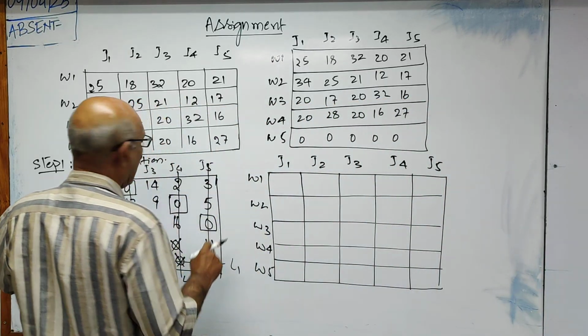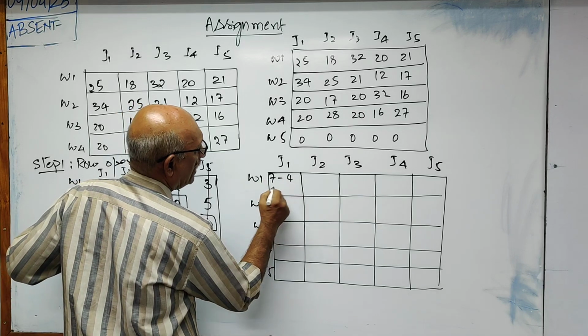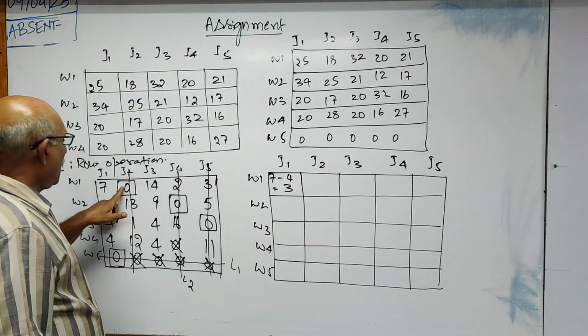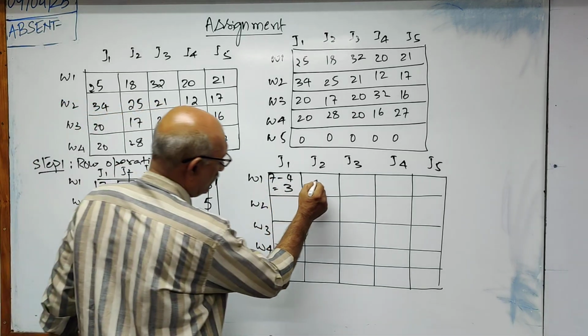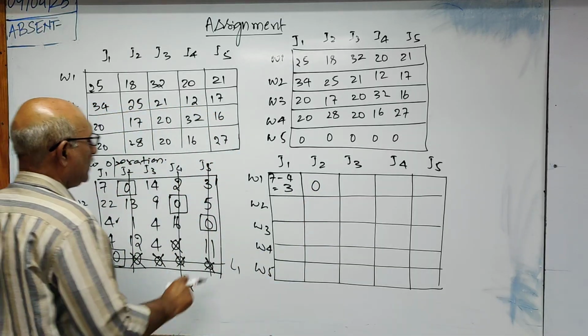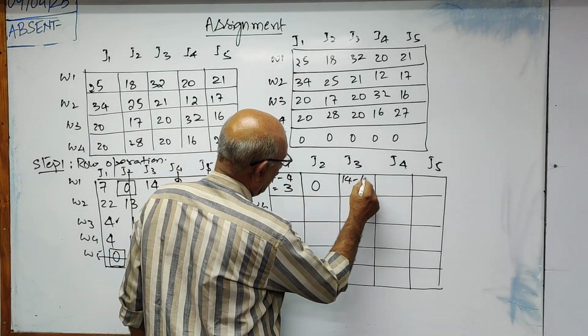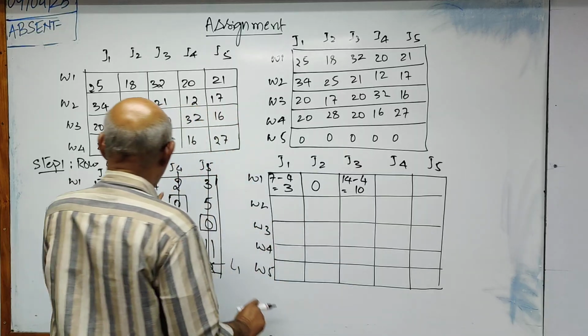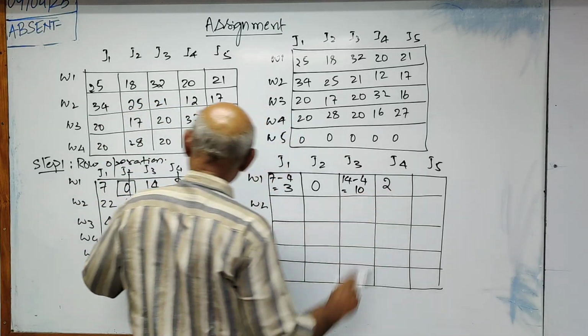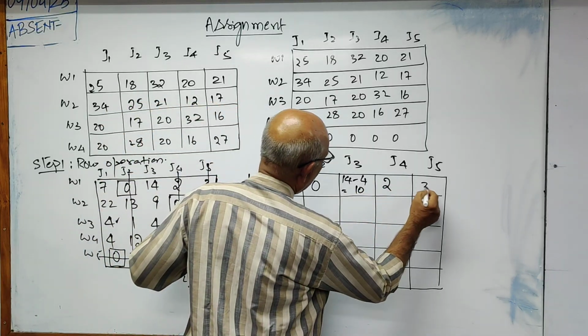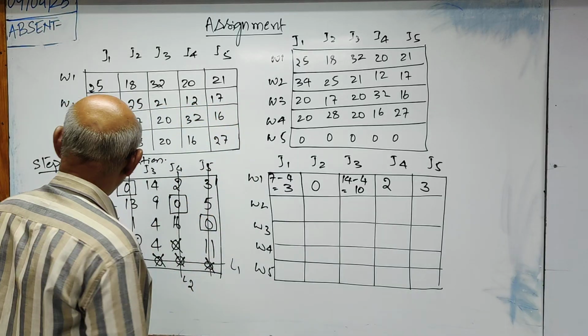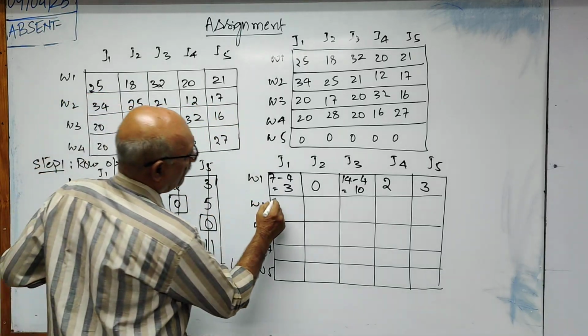7 is free from the line. 7 minus 4 is 3. From this zero a line is passing. Leave it as it is. 14 is free from lines. From 2 a line is passing. From 3 also a line is passing. 22 is free from the lines.